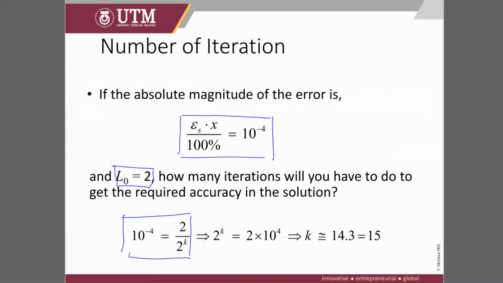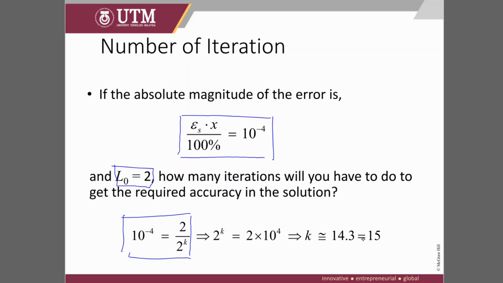The slide is using 10 to the minus 4, and the iteration needed is about 15. But what we get for 10 to the minus 6 is slightly off.